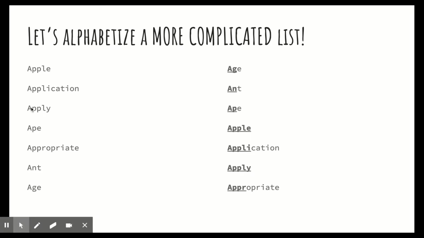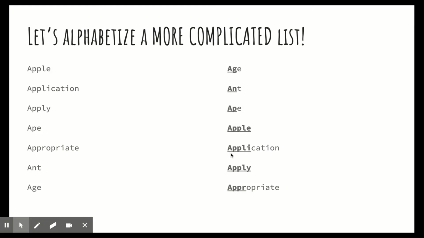Right away, I can tell that A-P-P-L-Y is probably going to come later, as well as A-P-P-R-O, okay? Because L comes before R, so I know I can, all right, mentally catalog that, okay? So the reason why apple is after ape, it's fourth in this list, is because I'm looking to the fifth letter when it comes to the APPLs, all right?